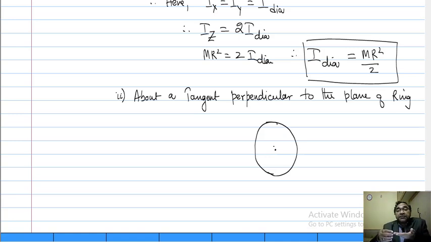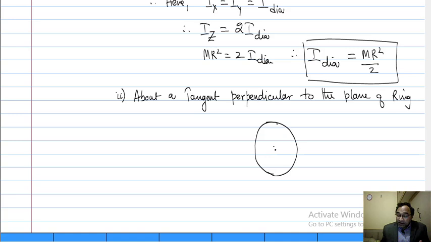This tangent is perpendicular to the plane of the ring. So how exactly do we visualize this in three-dimensional form? This is how it is. If you can observe, the central axis passes like this. This is the central axis and this is the tangent. Therefore, how are the two axes oriented? The two axes are mutually parallel to each other. That is what we can see.